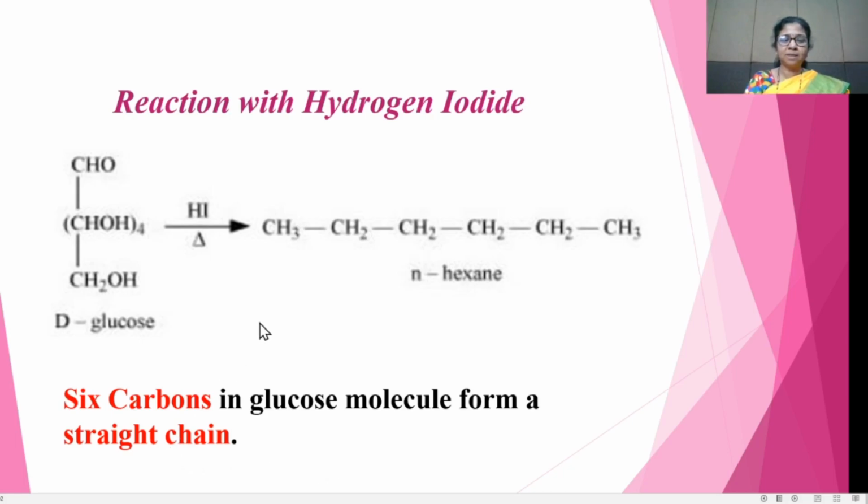That means these 6 carbon atoms are arranged in a straight chain.